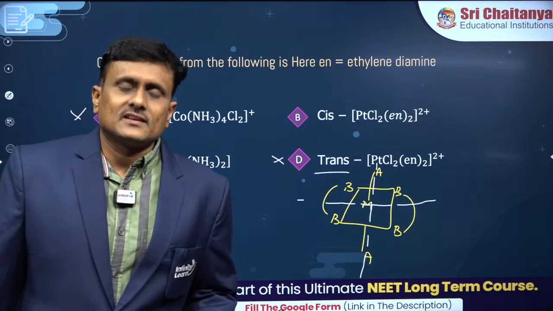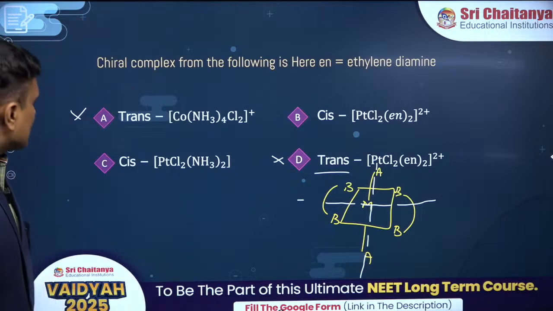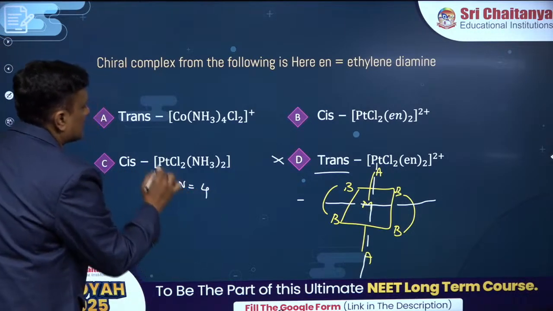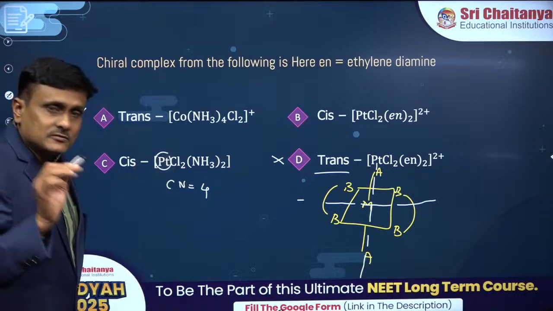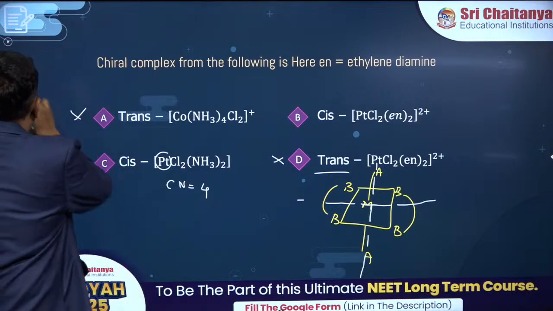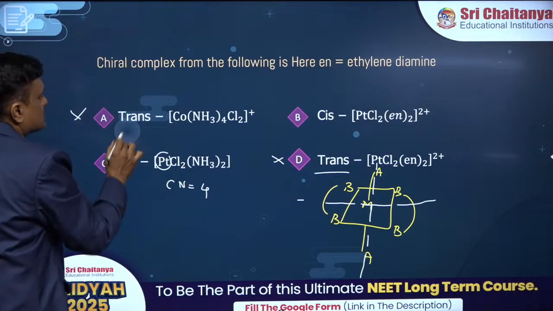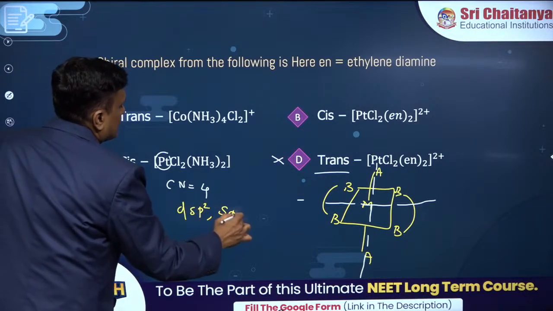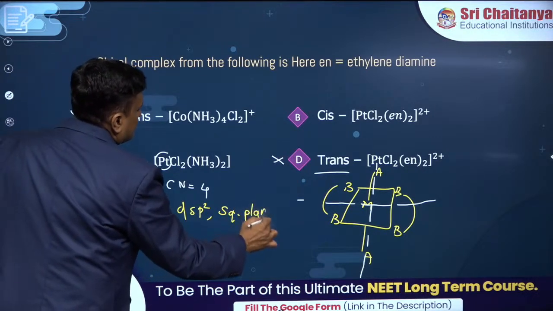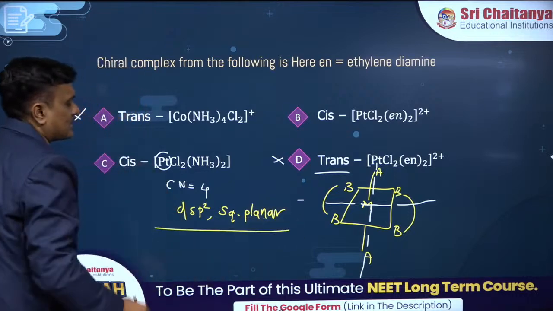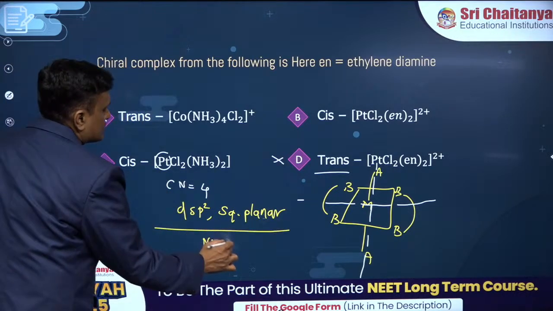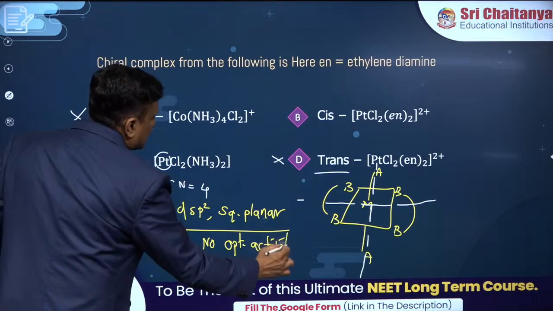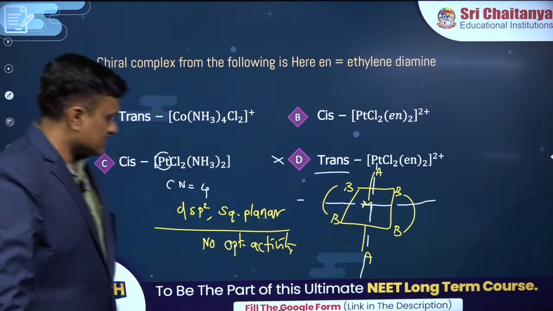Then you have cis. In cis you can see one compound has coordination number 4, and as far as we know, platinum complexes are dsp2 hybridized and are square planar in geometry. Any square planar compound shows no optical activity because it has a perfect plane of symmetry, right?